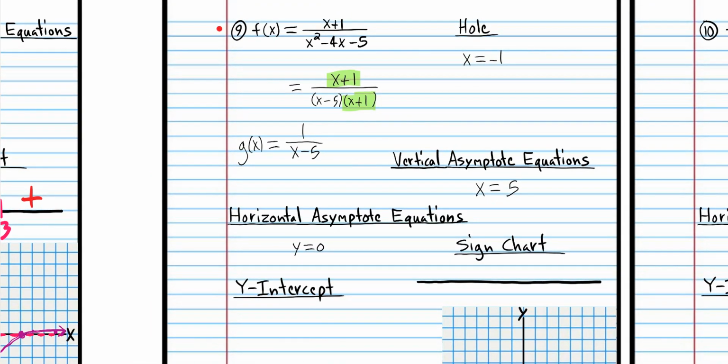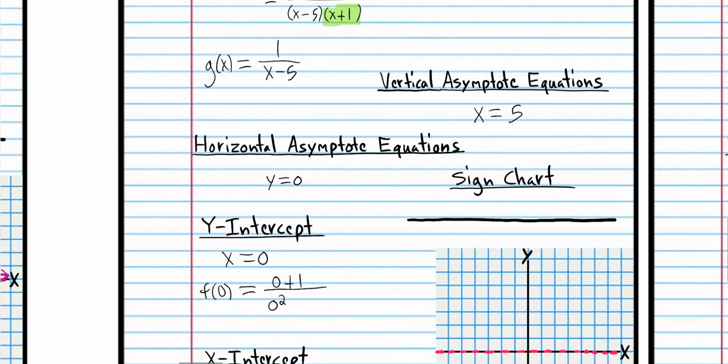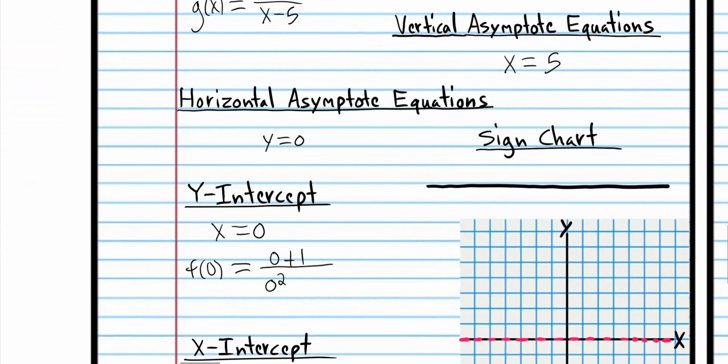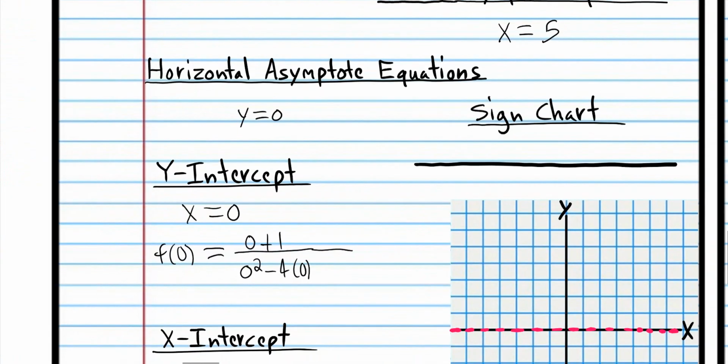So now let's find the y-intercept. That's when x is equal to 0, of course. So we need to find f of 0. That's 0 plus 1 over 0 squared minus 4 times 0 minus 5.